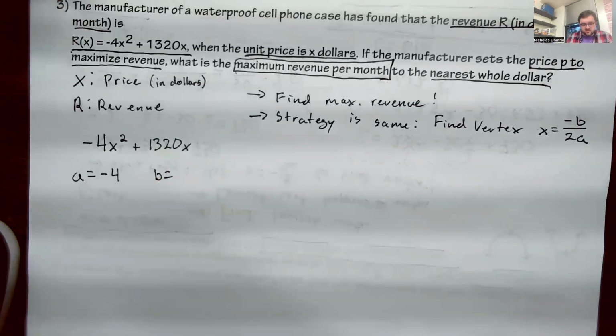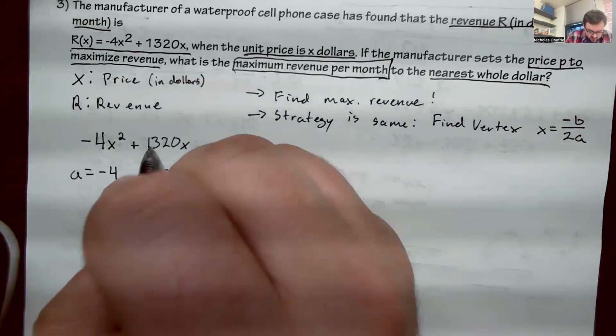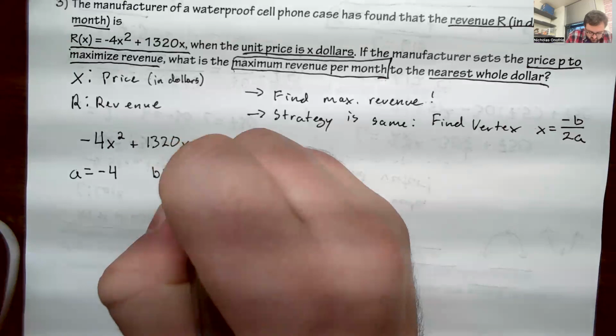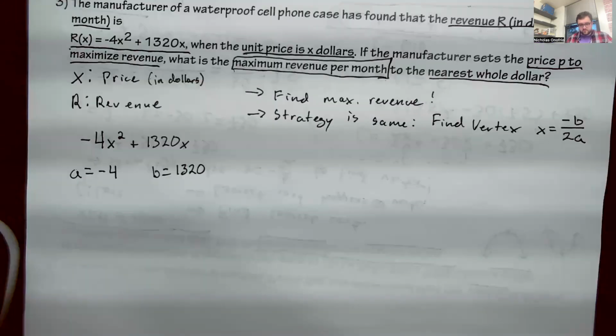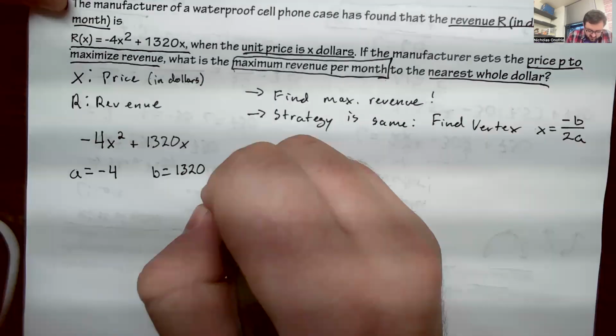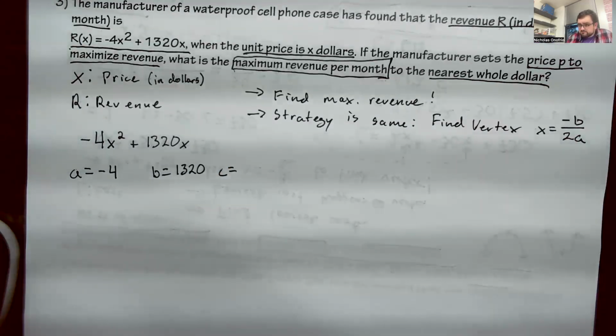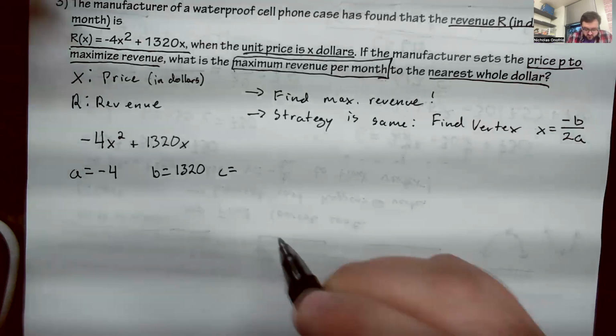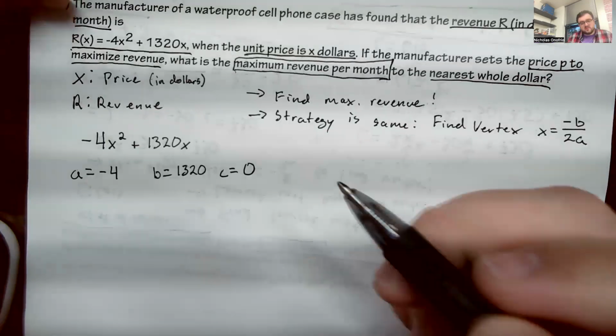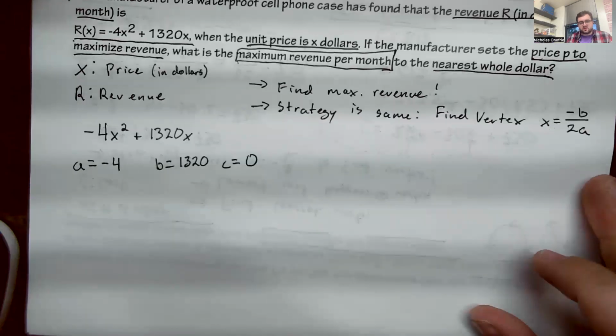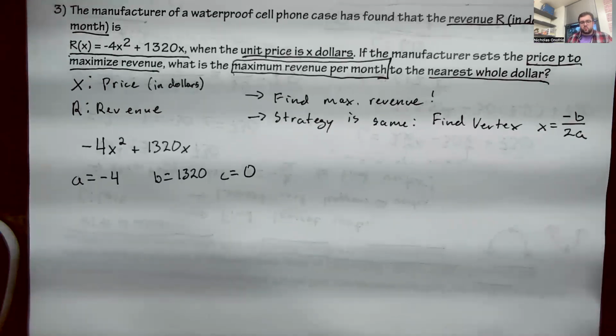My B is the number in front of my x. So B is 1,320. And my C value is anything that comes after the x. Do we have anything there? Doesn't look like it. So in this case, our C is 0. It's not going to affect our calculations too much, but it's important to know.